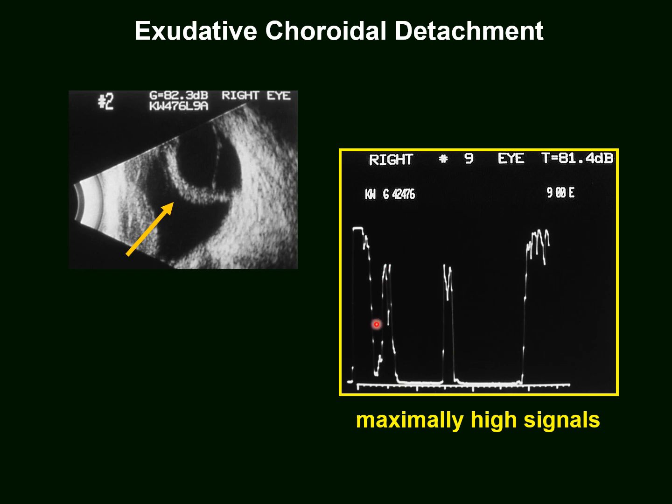And that is the explanation why the maximum signals at tissue sensitivity from this choroidal detachment are so weak, in spite of the fact that we used tissue sensitivity.